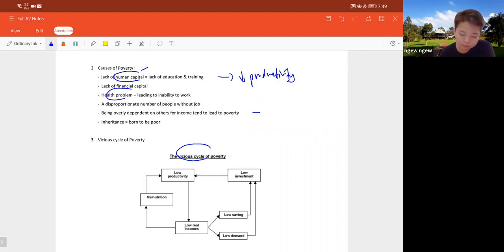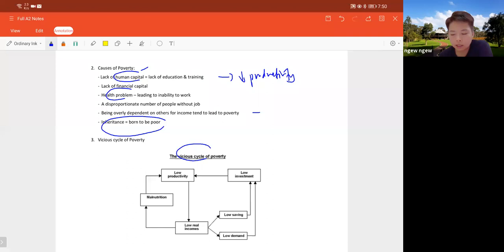And guys, the saddest case is when people are born to be poor. Okay, there is a lot of economic research saying that when people are born to be poor, the effort needed to jump out of the poverty cycle is actually a lot.